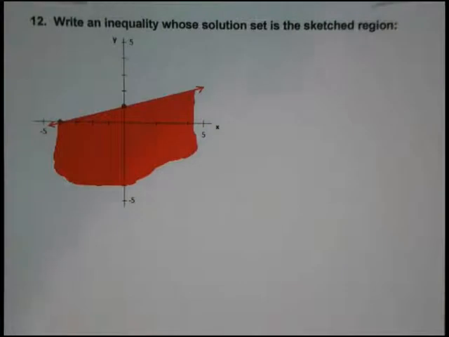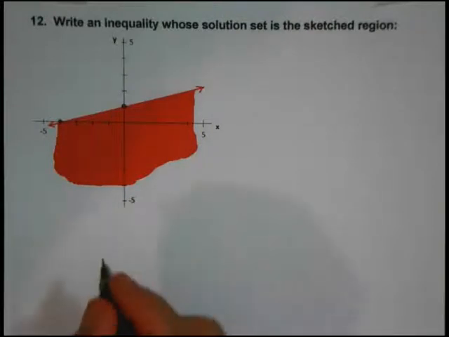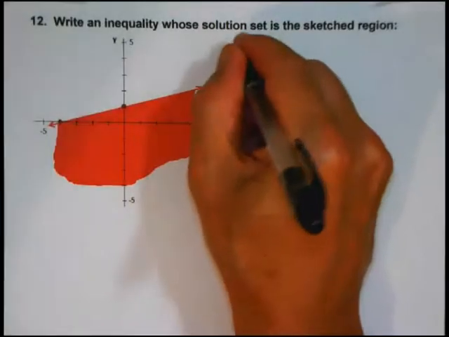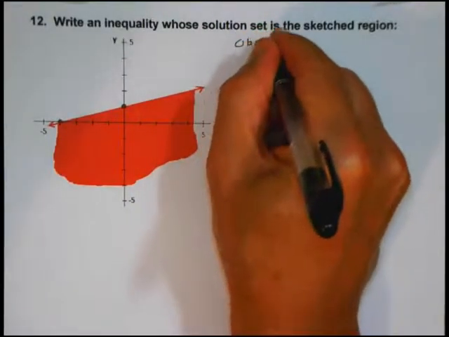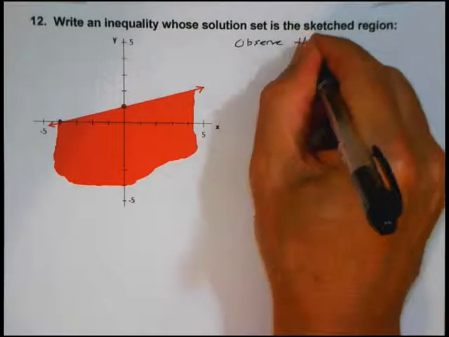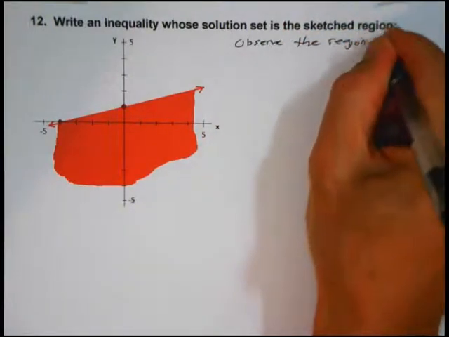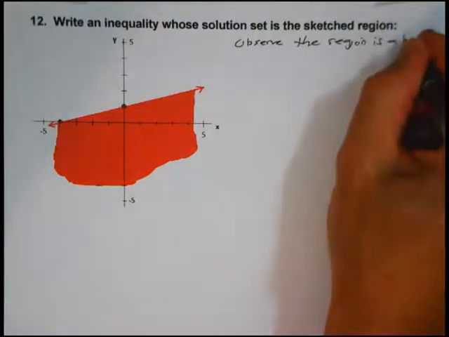Exercise number 12. Write an inequality whose solution set is the sketched region. Okay, this region is a half plane.